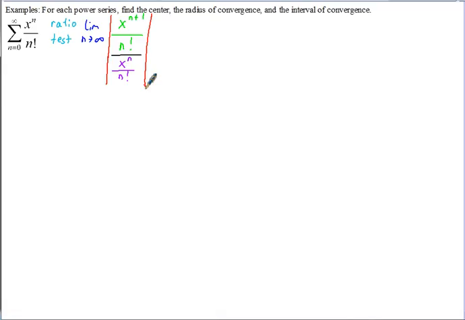Now let's go ahead and simplify what's inside there. So remember, dividing by a fraction is the same as multiplying by its reciprocal. So instead of dividing by that, you can multiply by n factorial. Oops, I made a mistake there. Just realized I forgot to put n plus 1 here. I just put n accidentally. That should have been n plus 1 factorial.